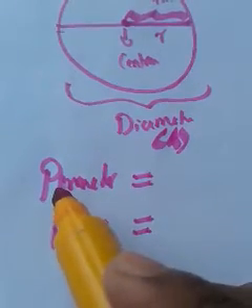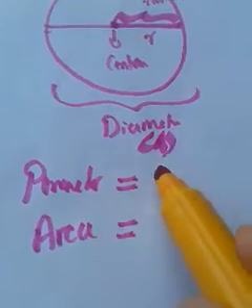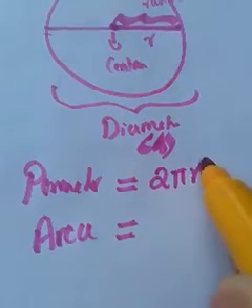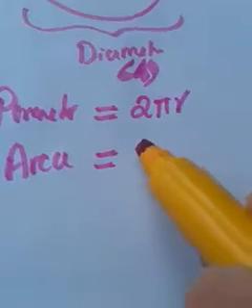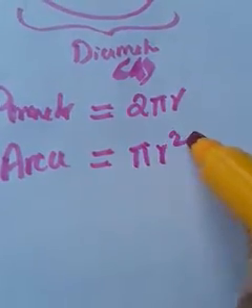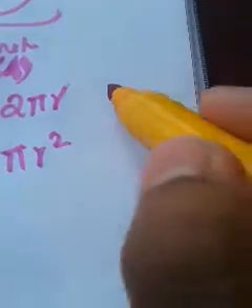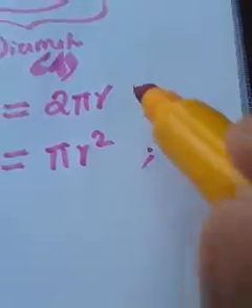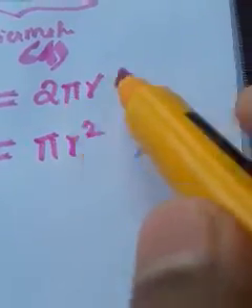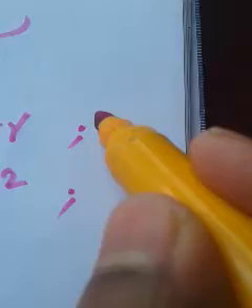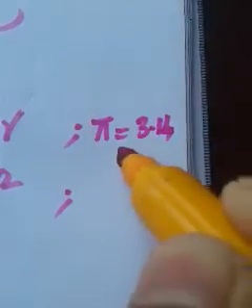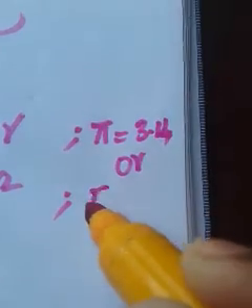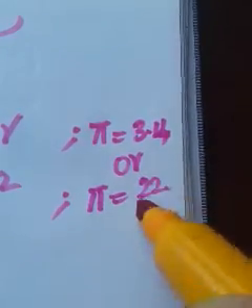The formula for calculating perimeter is 2 pi r and the formula for calculating the area of a circle is pi r square. You may have a doubt about what this pi means. The value of pi is 3.14, or sometimes we can use the value of pi as 22/7.